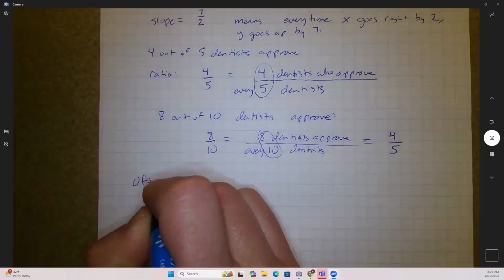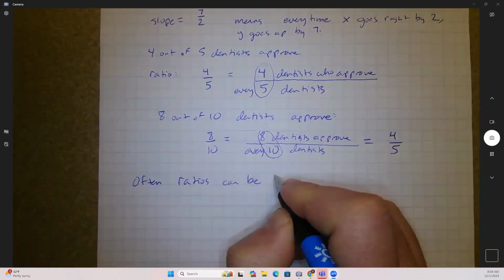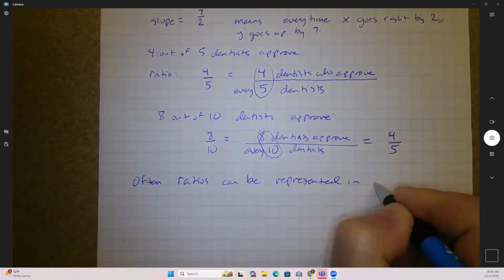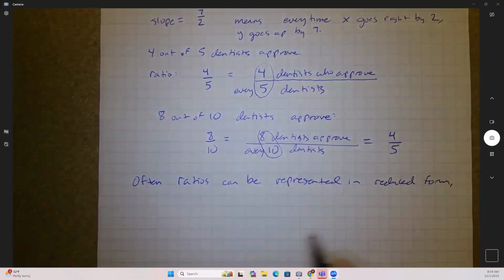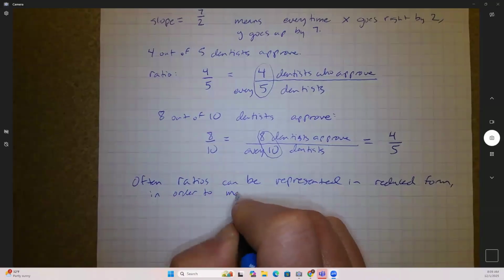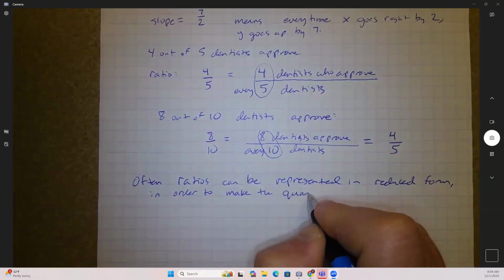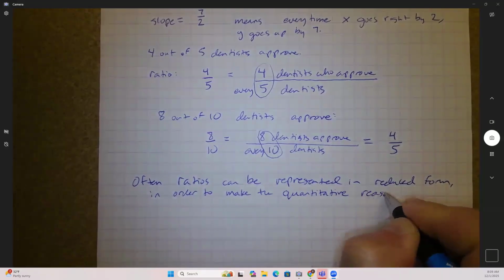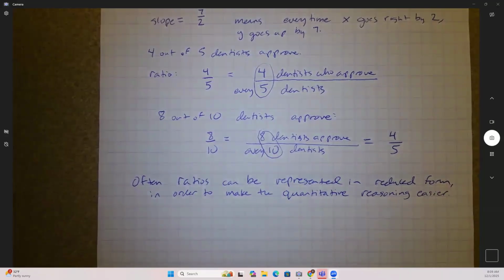So often ratios can be represented in reduced form, mostly in order to make the quantitative reasoning easier.